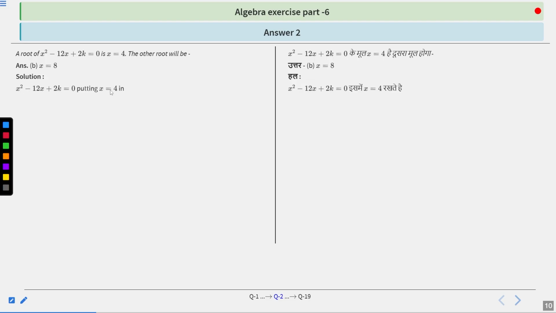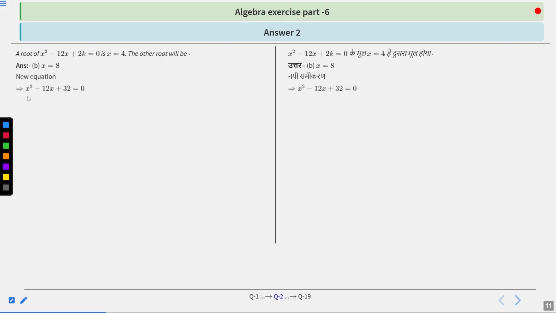So putting the value of x equal to 4, we get 4 square minus 12 into 4 plus 2k equal to 0. 4 square is 16 minus 12 into 4 is 48 plus 2k equal to 0. So 16 minus 48 is minus 32, but when it goes to the other side, it becomes plus 32. That means 2k is equal to 32. So if 2k is equal to 32, then k is equal to 32 upon 2, that is 16.